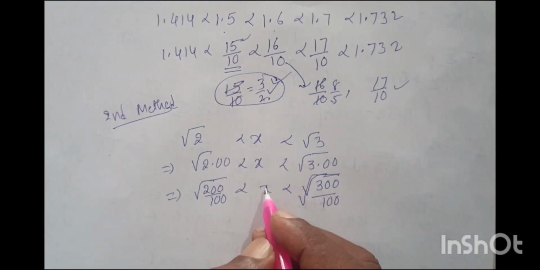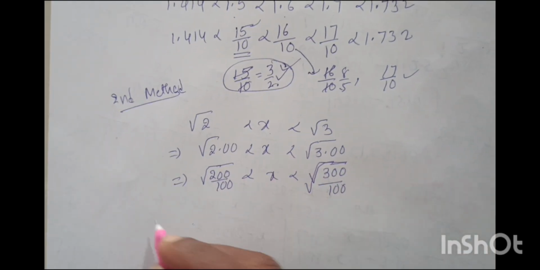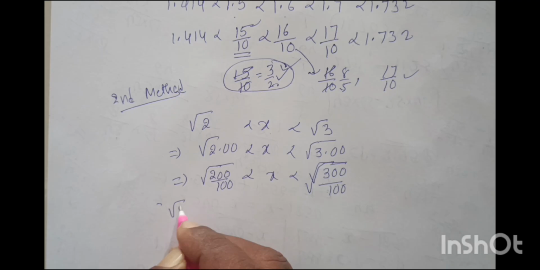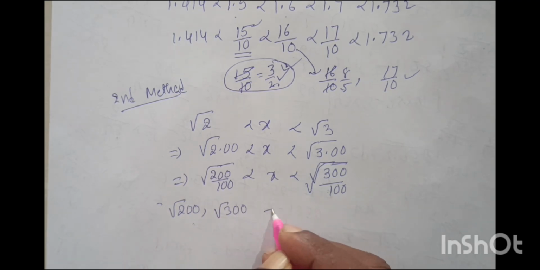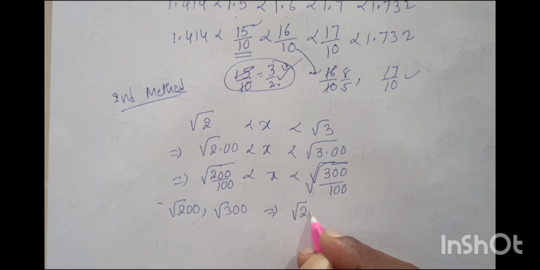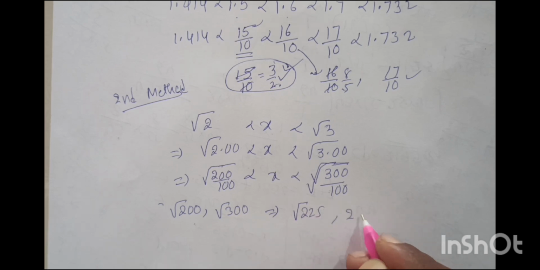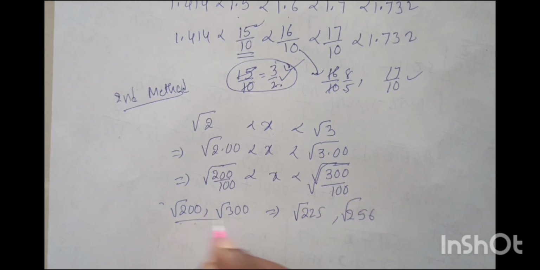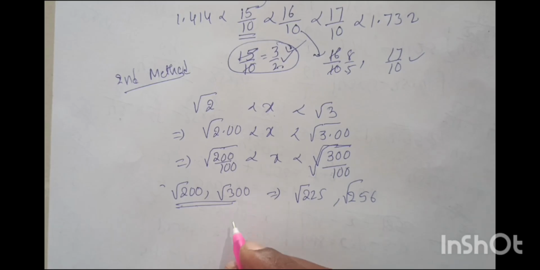Now choose x between the square roots √200 and √300. We take √225 and √256, which are available between 200 and 300.